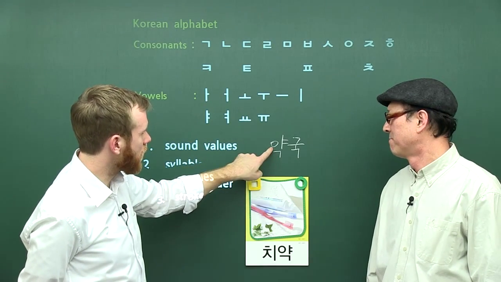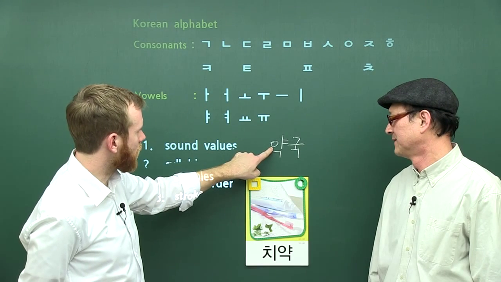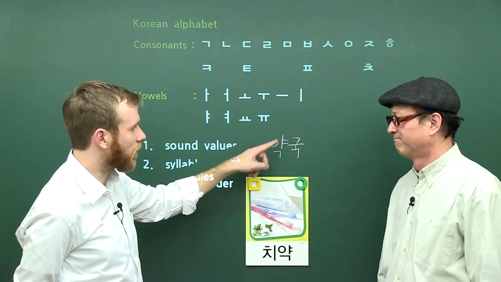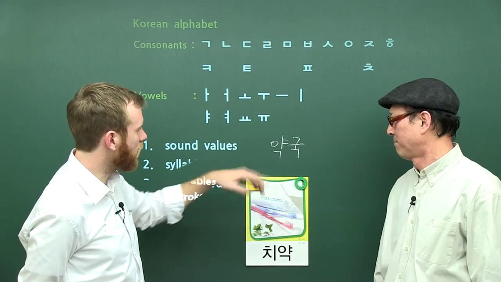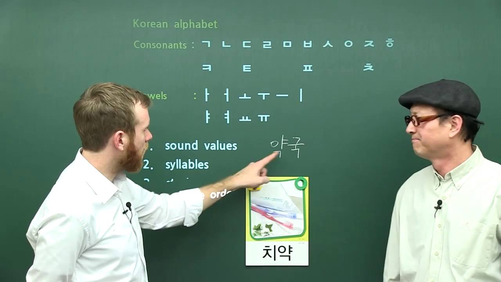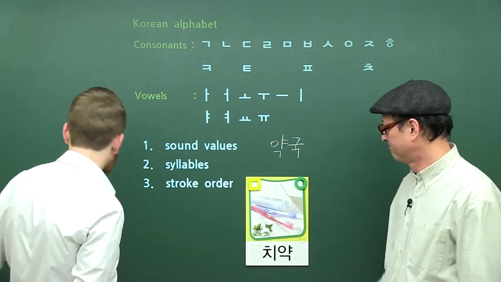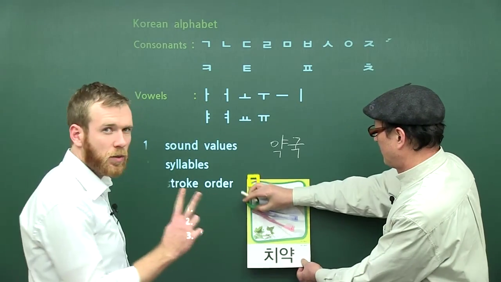We've also got the consonant here, the silent consonant. So again, we can't just start the character with a vowel. Right. So we need to put this, even if it's not pronounced. So yakguk. Okay. All right. Got another example. So that's 2 syllables, right?